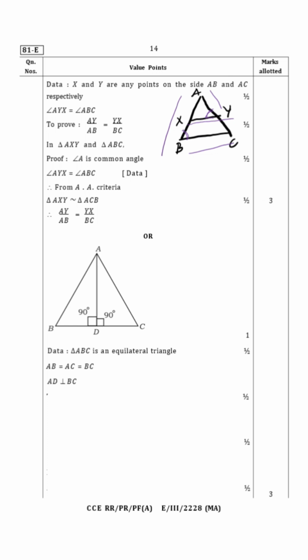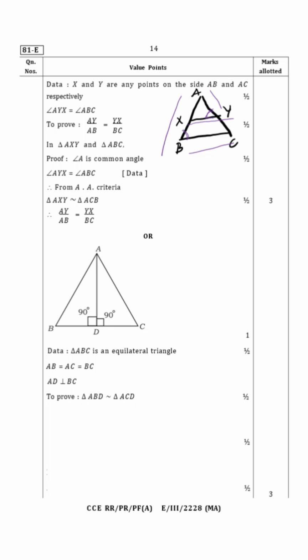Since triangle ABC is an equilateral triangle, AB is equal to BC is equal to CA. To prove: triangle ABD, observe the figure, is similar to triangle ACD.